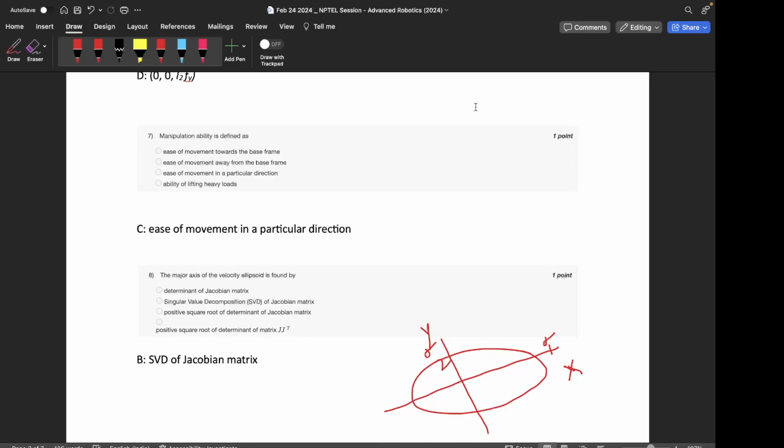We do the SVD of J J transpose, and using the singular values of J J transpose, we see the shape of the velocity ellipsoid. The shape of the velocity ellipsoid at any point of the manipulator gives us an idea of how much it can move in the two directions.